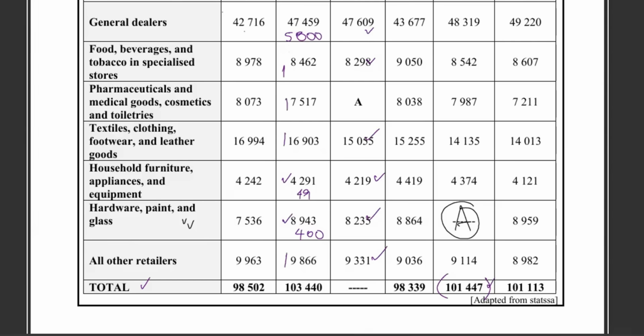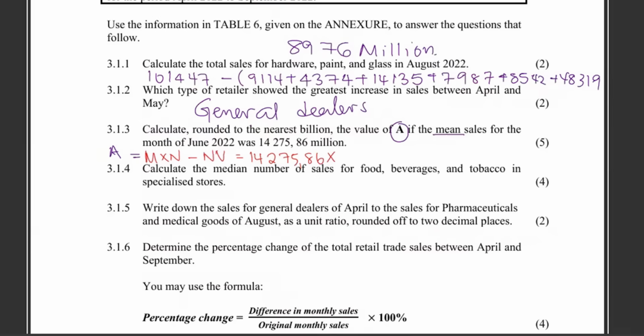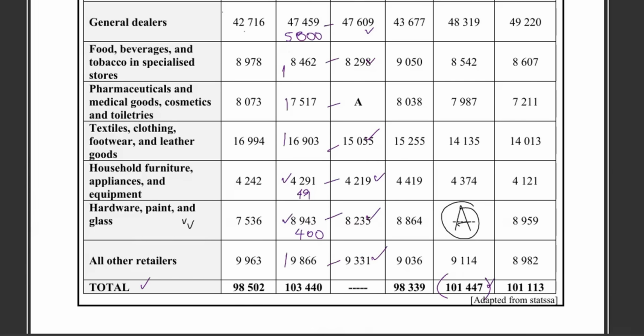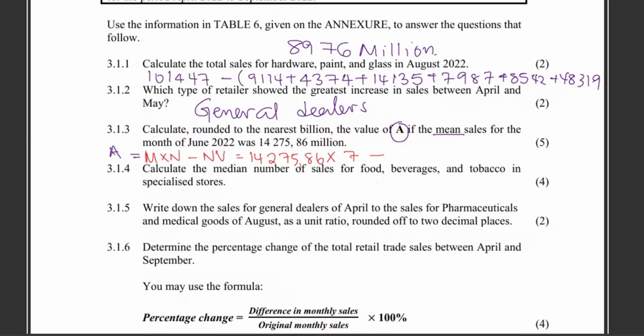So we count them and see 1, 2, 3, 4, 5, 6, 7. So times 7 minus the number that we've just got, the sum of these normal numbers. I think you remember it was 92,701. Do this in your calculator. This will be the value of A.